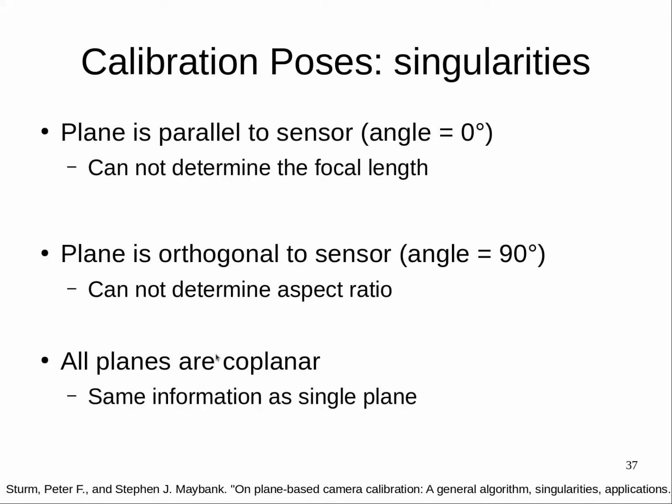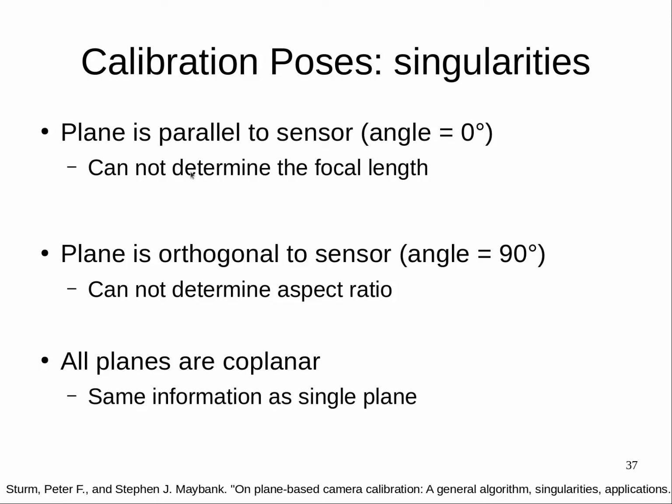What this means, you can imagine if you place a camera which looks at the table, and then you move the calibration pattern on the table. Then all calibration views are coplanar with the table plane, and you do not gain any more information, because it basically is the same as if you would be looking at a single calibration pattern, which would be larger.